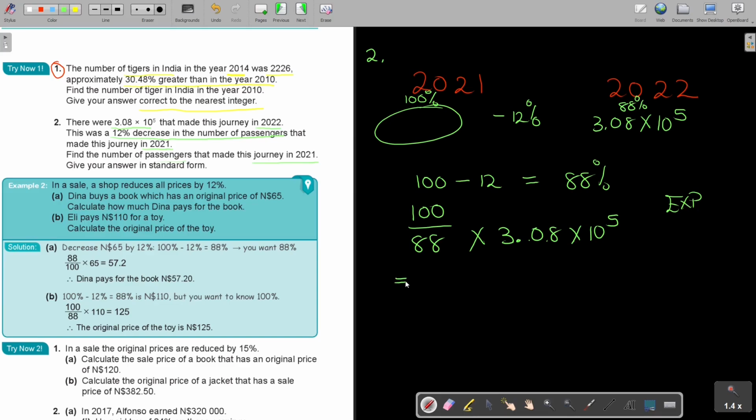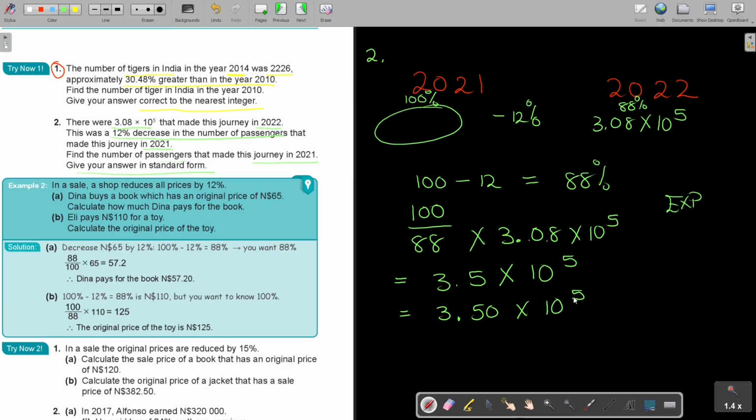And then I'm getting an answer of 3.5 multiplied 10 to the power of 5. So give your answer in standard form. I think because it's three significant figures, I can make 3.50 multiply 10 to the power of 5.